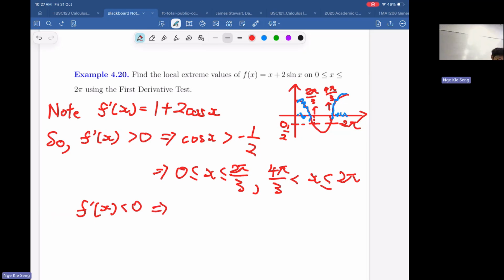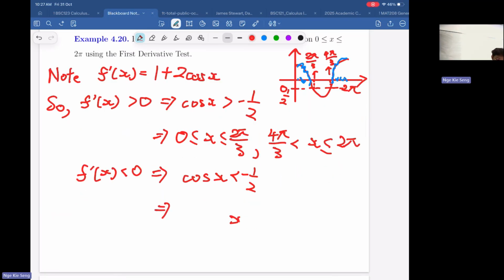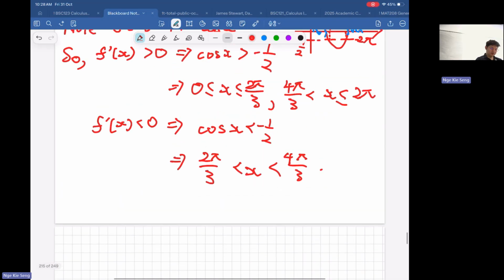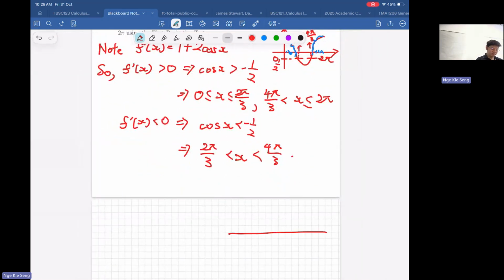Similarly, if you want to stay below minus half, then your x's need to stay in between 2 pi over 3 and 4 pi over 3. It's good practice to list out all these positive and negative signs. It breaks into 3 regions: 0 to 2 pi over 3, 2 pi over 3 to 4 pi over 3, and 4 pi over 3 up to 2 pi.